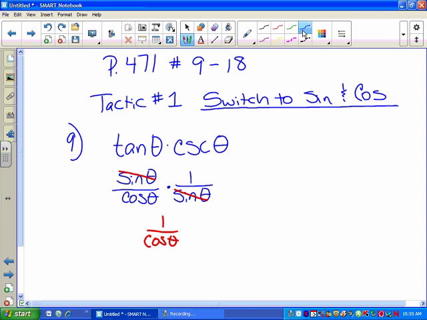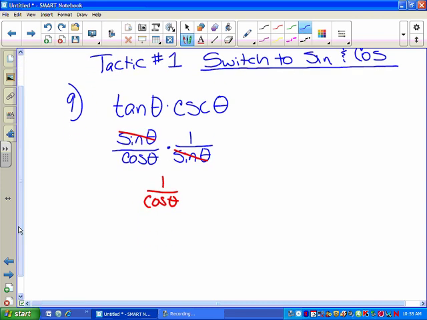Well, let's look. What can I switch that to? 1 over cosine theta is equal to its reciprocal, which is secant theta. So we could have started out this identity by saying prove that tangent theta times cosecant theta equals secant theta, and we'd have been able to prove that using this.